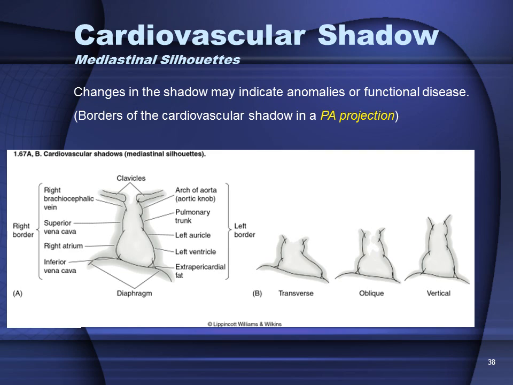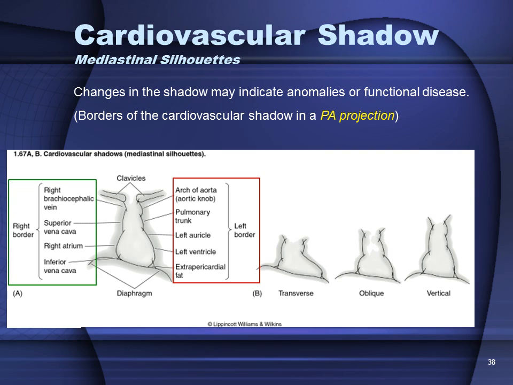So this is a diagrammatic view of the cardiovascular shadow or the mediastinal silhouette. And what we've labeled here are the different regions of the left border, representative of the aortic knob or aorta, the pulmonary trunk, the left auricle or atrium, the left ventricle, and sometimes, depending upon the quality of the film, we can see some extra pericardial fat, all on the left border.